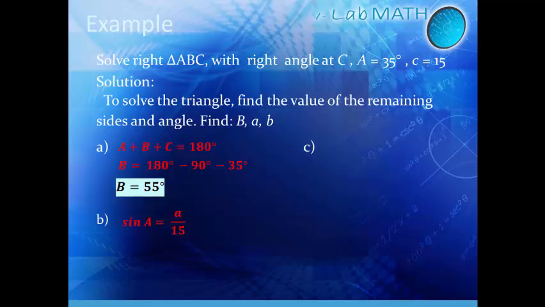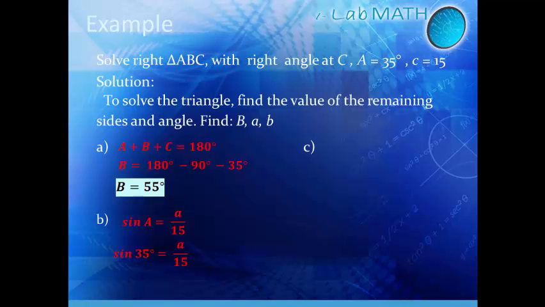We are now going to solve for side A using the trigonometric function sine. Sine A equals opposite over hypotenuse. Sine A equals A over 15.